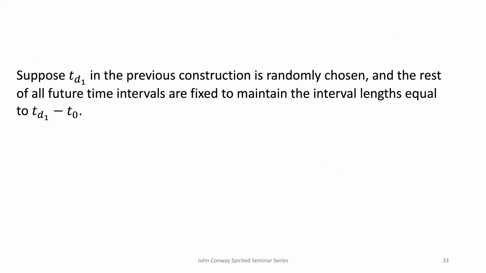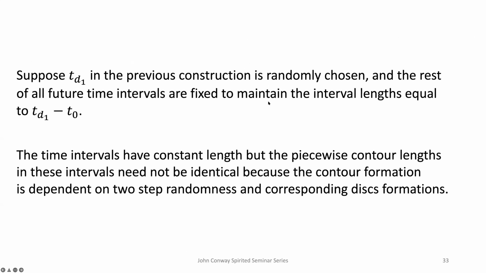Suppose TD1 is the previous construction randomly chosen, and the rest of the future time intervals are fixed to maintain the interval length equal to TD1 minus T0. Our time intervals have constant length, but the piecewise contour lengths in these intervals need not be identical. That's an important point to notice: the timing intervals are the same, but within an interval, the contour lengths need not be the same.